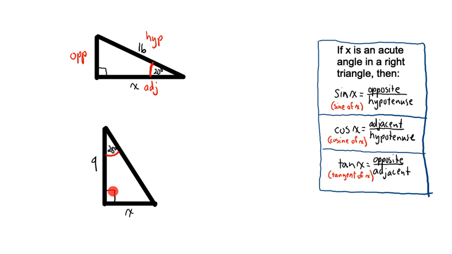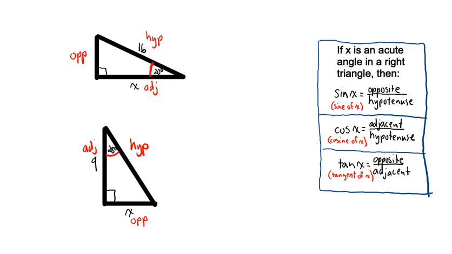The one across from the right angle is the hypotenuse, and then the other side that the 28 degrees touches is the 9, and that's my adjacent. It's next to the 28 degrees. Across from that 28 degrees is x. That's my opposite side.